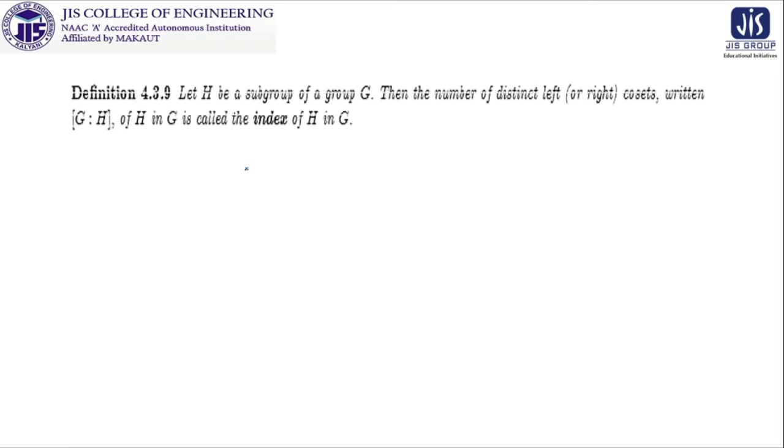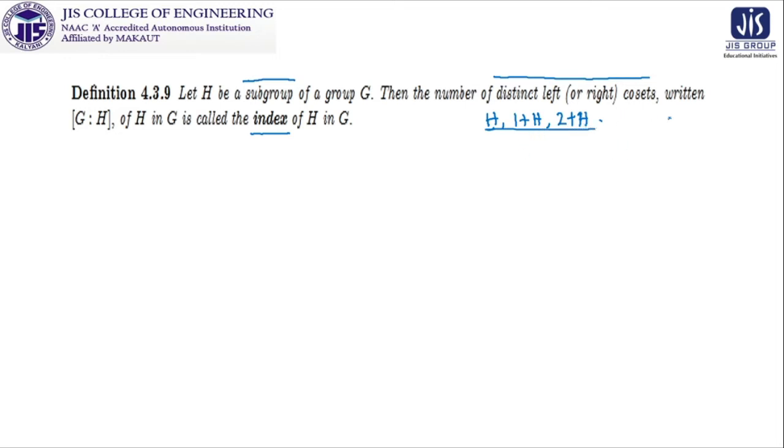Now we have one definition. This is very important. This is the index. If we take a subgroup H of G, then the number of distinct left or right cosets, written as G colon H, is called the index of H in G. Just in the previous example you see that H, 1 plus H and 2 plus H are the three distinct left cosets.